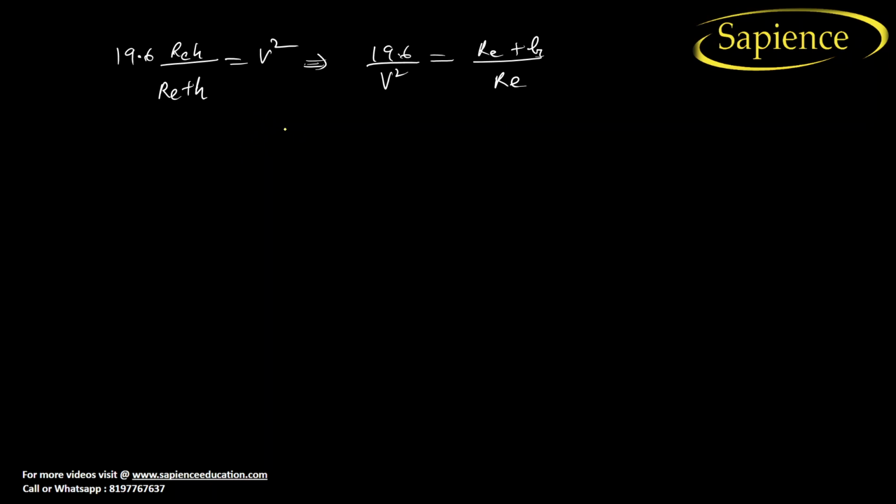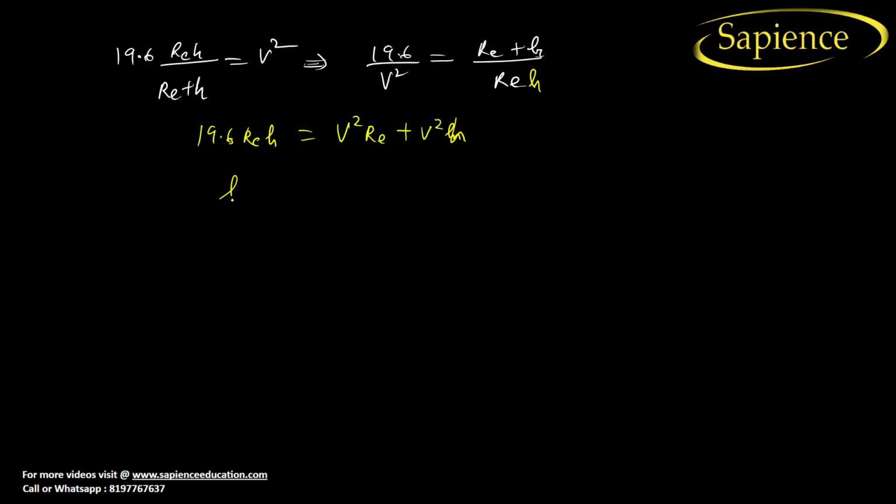So this is the R_e. From here we can find 19.6 R_e into h will be equal to v square into R_e plus v square into h.